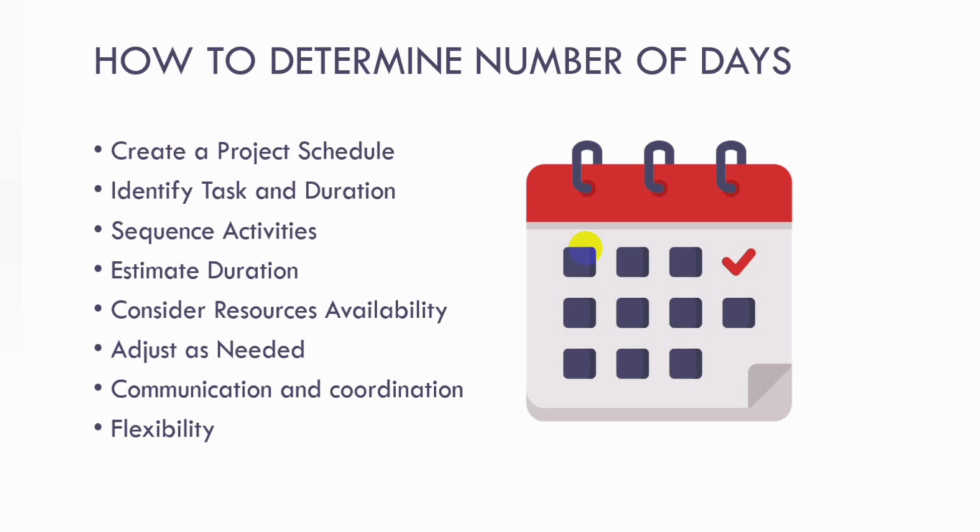And also communication and coordination. You have to ensure clear communication and coordination among all project stakeholders, including the construction team, subcontractors, suppliers, and the regulatory agencies. This helps to minimize delays and keep the project on track.